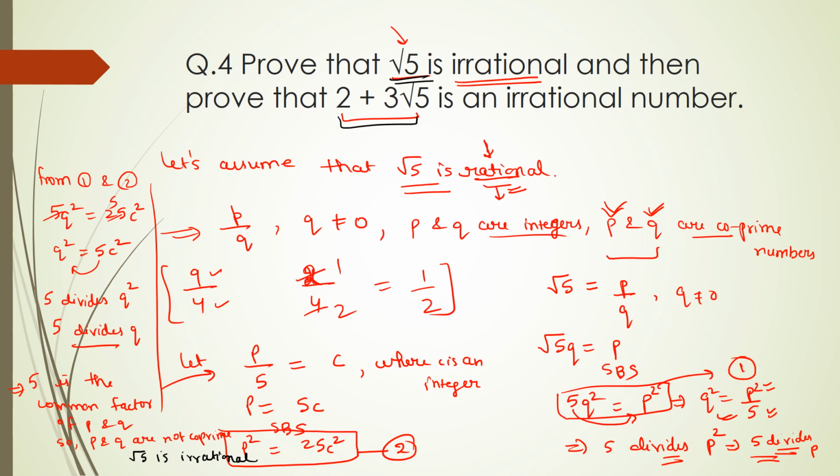2 plus 3 root 5. Let's see how. 2 plus 3 root 5, right? So now I have to assume 2 plus root 5. Let's assume 2 plus root 5 is irrational. We have to prove irrational, so we are assuming in contradiction that it is rational.